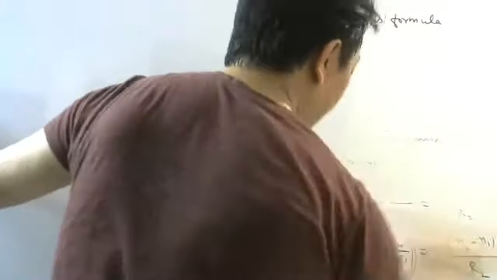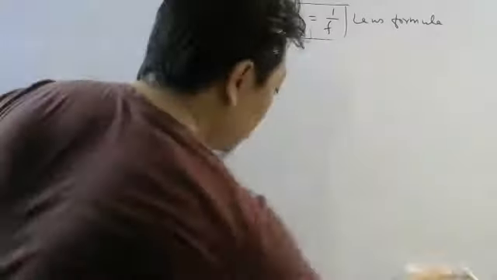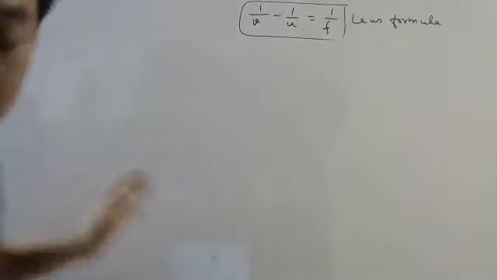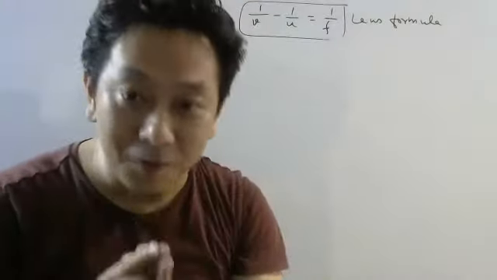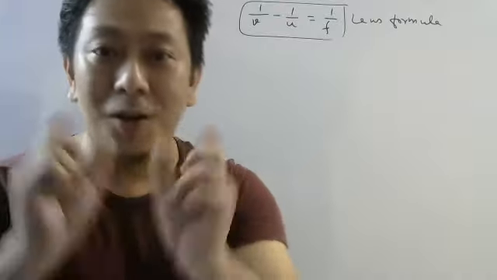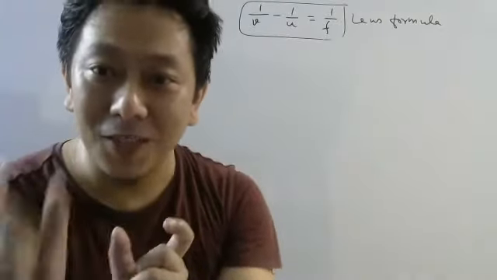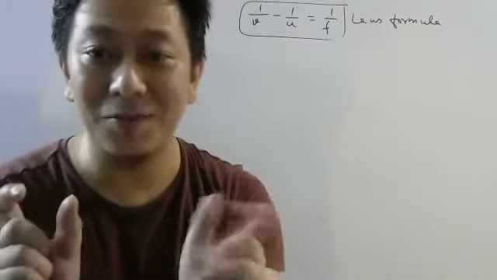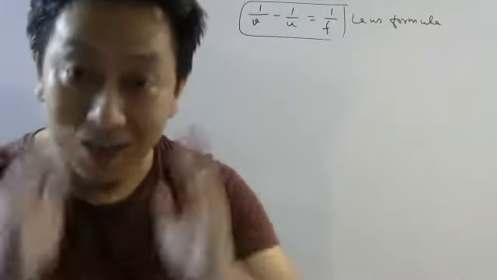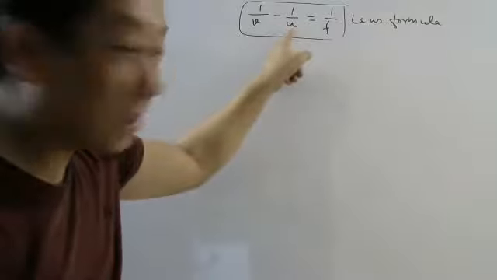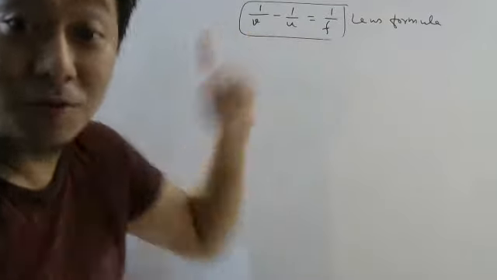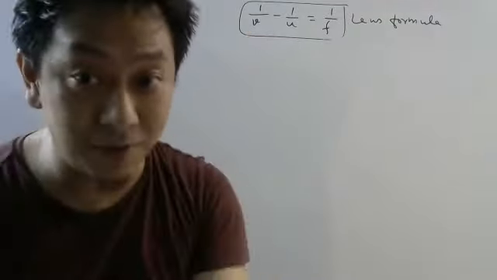After that, one 3-mark question is there, which is similar to this one only. The derivation is similar to the previous one, except in the previous one, we used the formula between object distance and image distance for a single surface, right? Now we are going to use the formula between object distance and image distance for not a single surface, but for a lens.